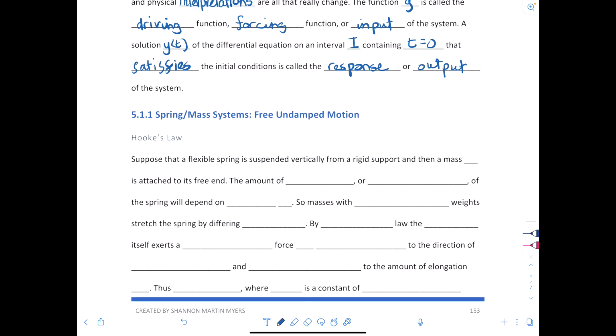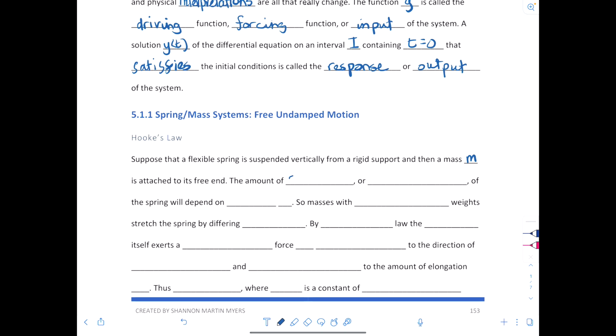This brings us into 5.1.1, spring mass systems, free undamped motion. Hooke's law, we looked at this a little bit in chapter 3, I think it was. Suppose that a flexible spring is suspended vertically from a rigid support, and then a mass, m, is attached to its free end.